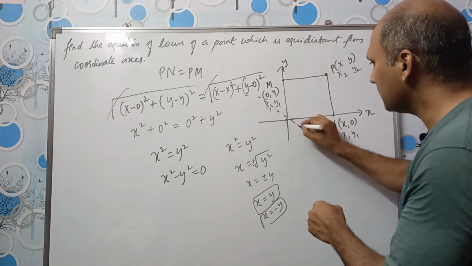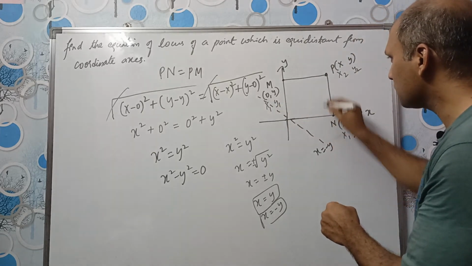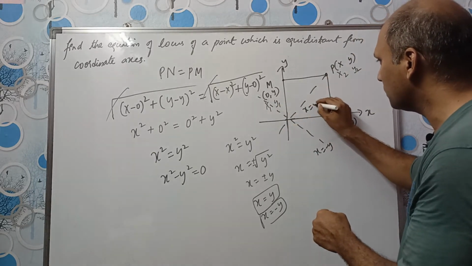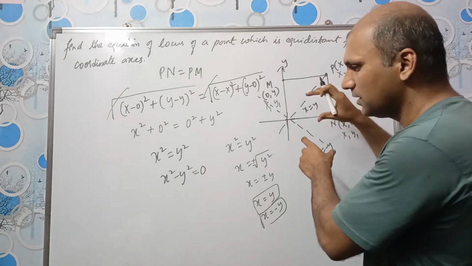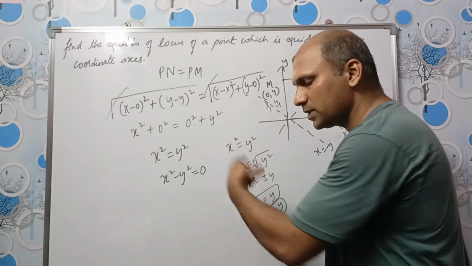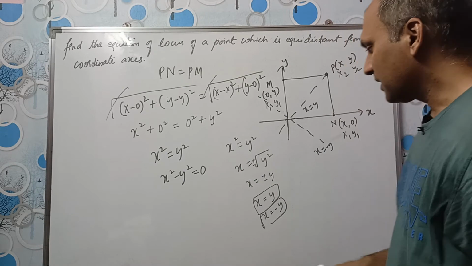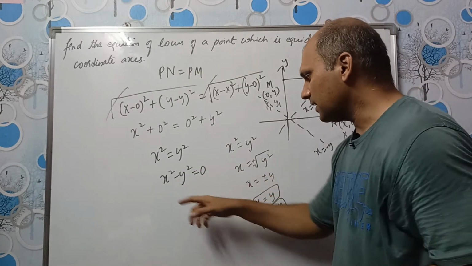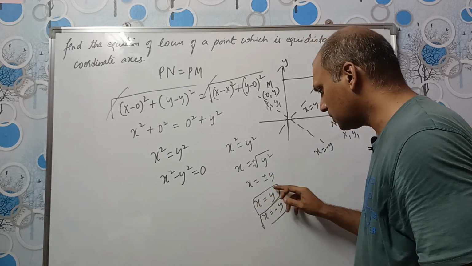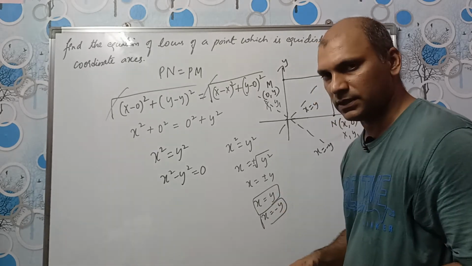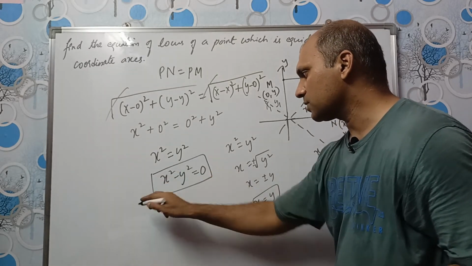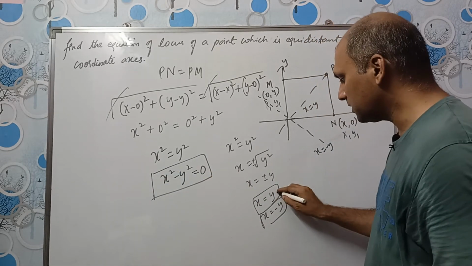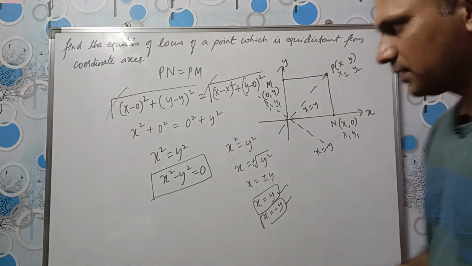This equation is x is equal to minus y, this equation is x is equal to y. If you multiply these, it will be x square minus y square is equal to 0. In fact this is a pair of straight lines, and we are writing those two lines separately like this. In the textbook the answer is x square minus y square is equal to 0, but remember these two are also correct.